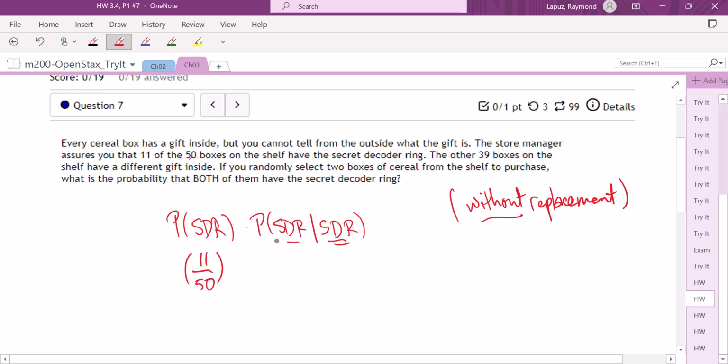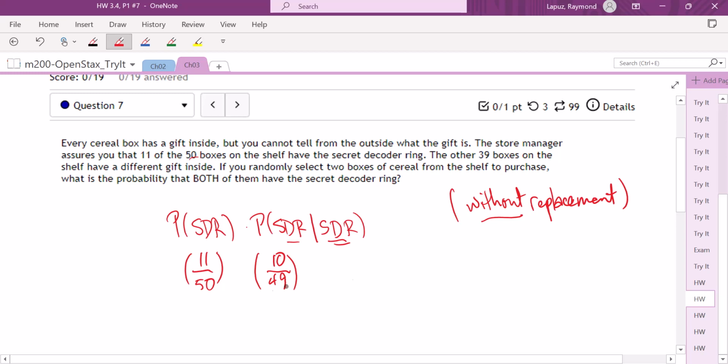So in this probability, because these probabilities are not independent, you took one out already, and so now there's one less box with a decoder ring, so that instead of 11 there's only 10 boxes with a decoder ring. And not only that, but since there were 50 boxes and you took one out, now there's only 49 boxes left over, and so this is what you'll have.